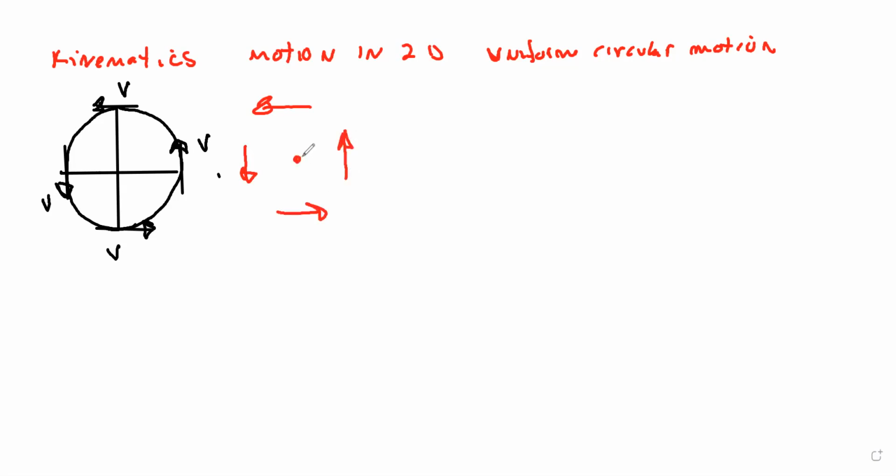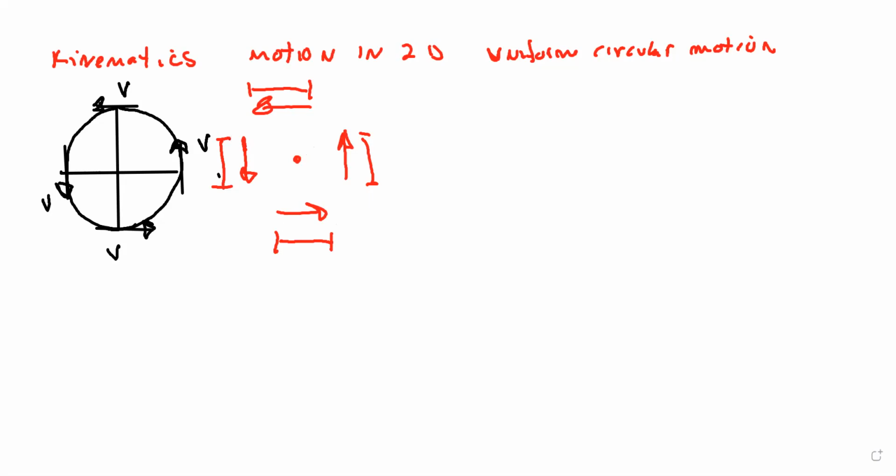As you can see, they all have different directions, but the magnitudes are the same. Let me make it a little bigger. There you go. So each one of these velocity vectors has the same magnitude, but different directions.